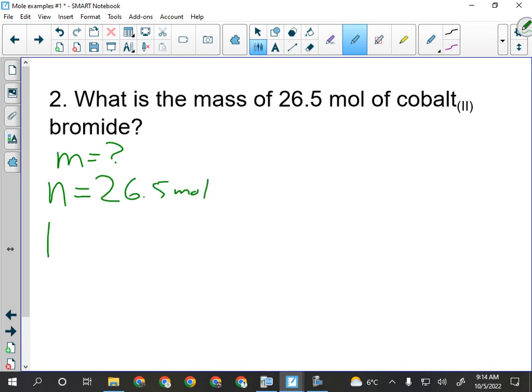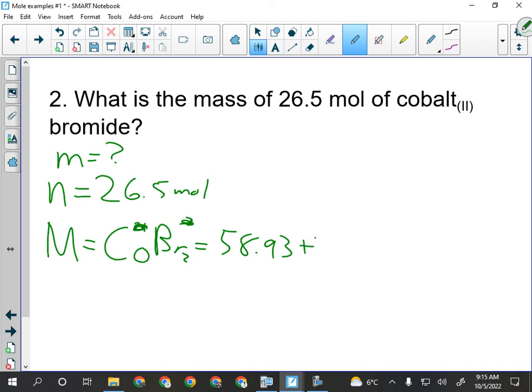And they tell us that it is cobalt(II) bromide. So that would be Co with the 2+ charge, bromide with the -1 charge, drop and swap, and we're looking at CoBr2. Cobalt is 58.93. There's only one of it, so I don't need to multiply by anything, plus 79.9 times 2, that's our 2 bromines.